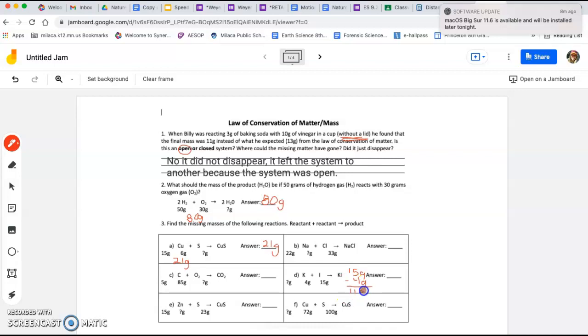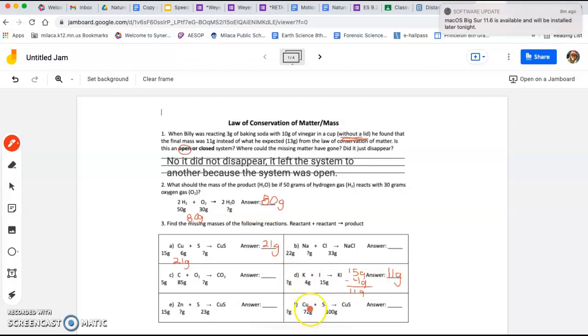So that means we started with 11 grams of potassium, 4 grams of iodine, and then we ended with 15 grams of potassium iodide. So we were missing 11 grams of potassium. That would be my answer, okay?